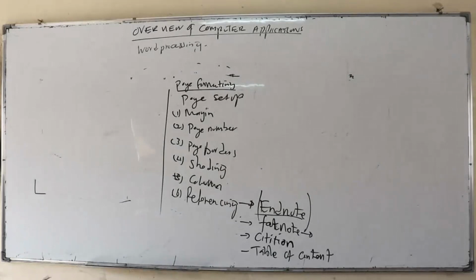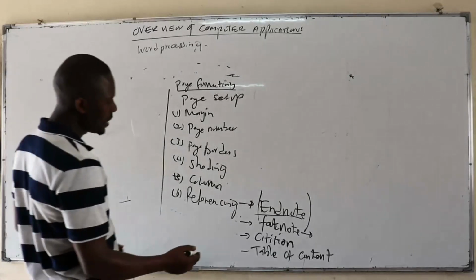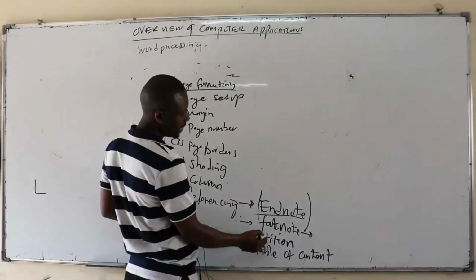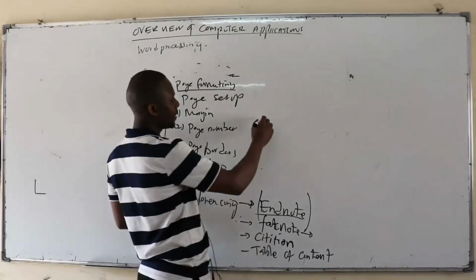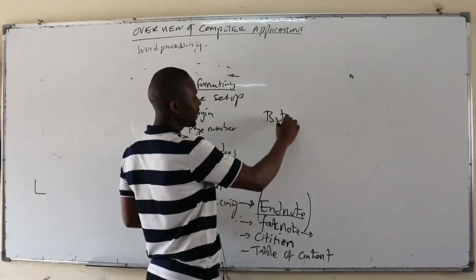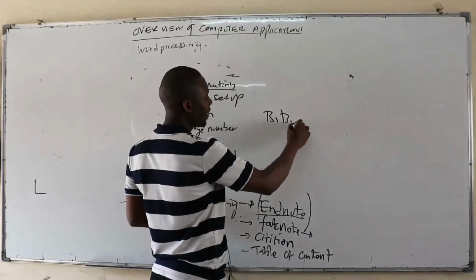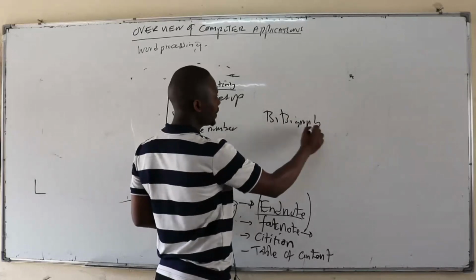So lastly, the last features, citations. Yes, citations are used in documents when you want to show the bibliography. You know the bibliography? For those people who do publishing, we know what these are.